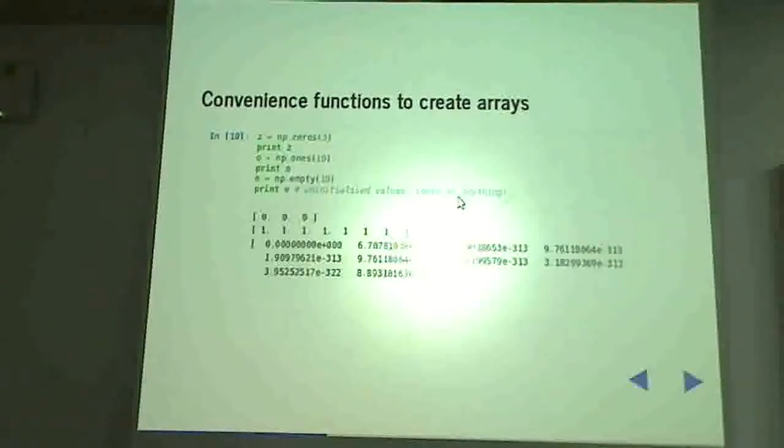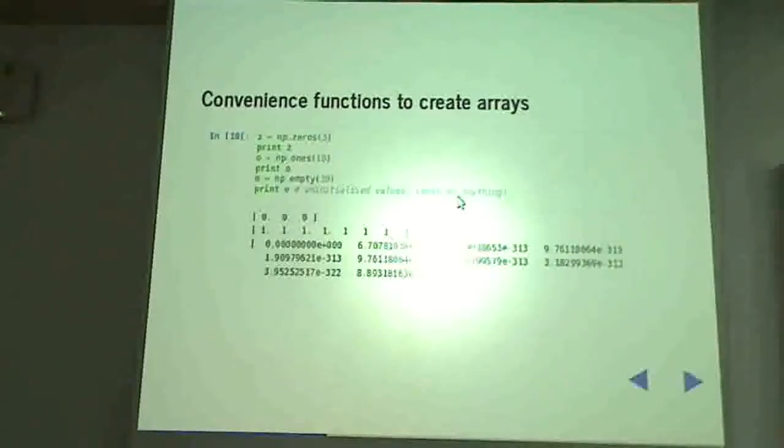There are a number of convenience functions for creating arrays. For example, z equals np.zeros(3) will create a one-dimensional array with 3 elements. np.zeros(10) will create one populated with zeros. In this case, np.ones(10) returns a 10-element array with ones as the values, 1.0.